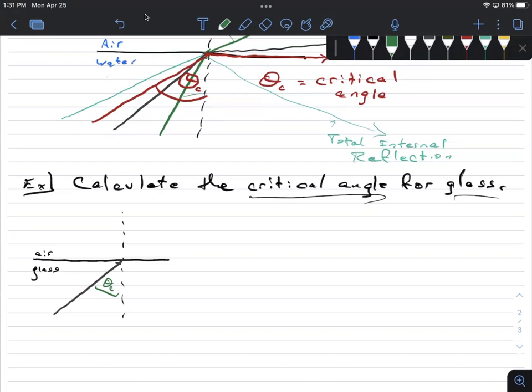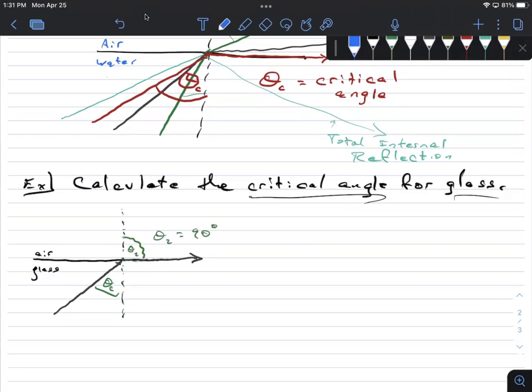Well, one thing I know is that if it's the critical angle, then the light skims the surface. Okay. That also tells me theta 2, which is the angle that the light would be at in the air, this angle here, theta 2, of course, is 90 degrees. Because here's your vertical line, there's the light horizontal, that's a 90-degree angle.